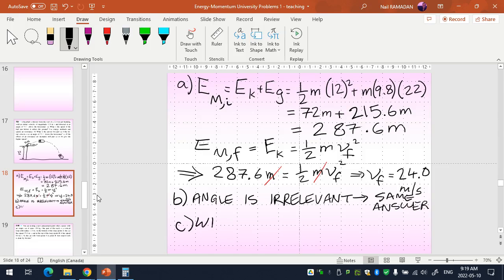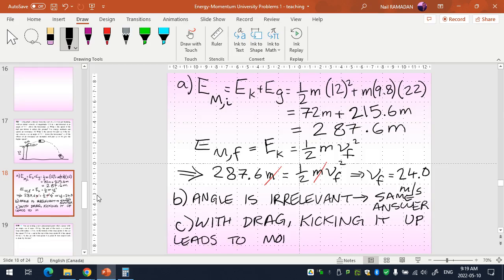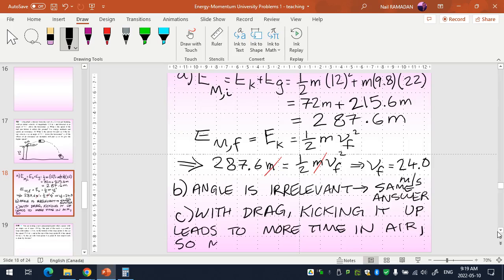So with air drag, everyone, I'm just going to say with drag, kicking it up leads to more time in air, so more energy lost. Done. Very good.